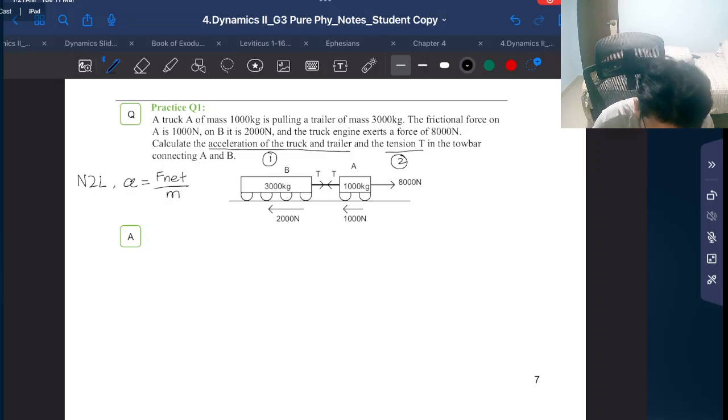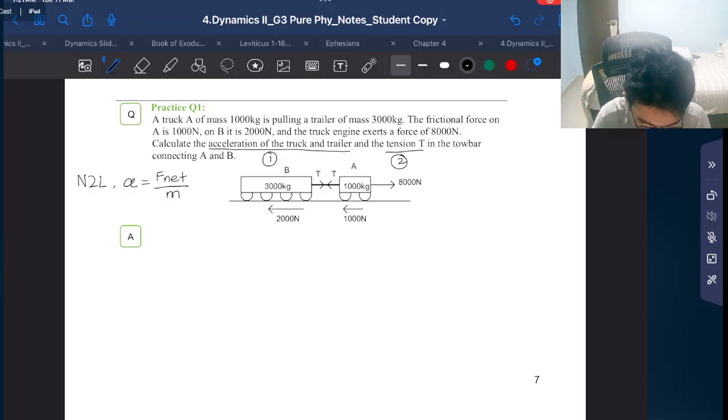Our very first approach can be to draw the free body diagram of the individual object.